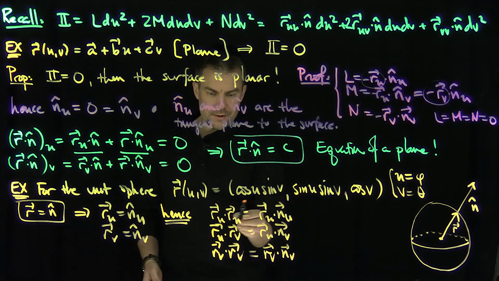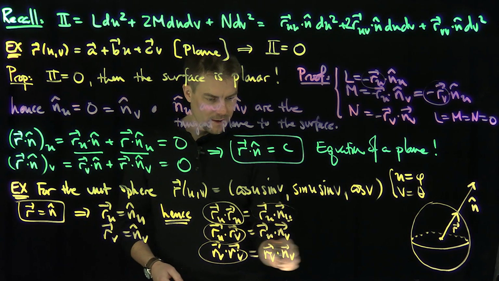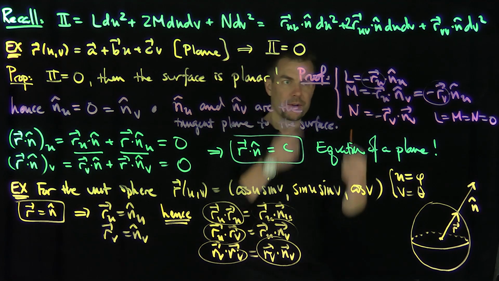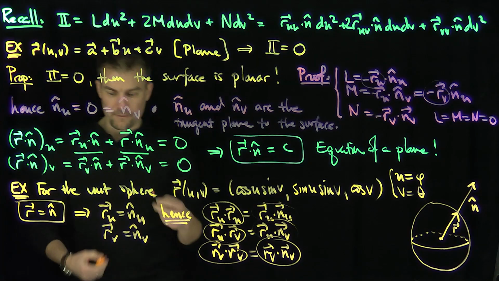Excellent. Of course, these are the components of the first fundamental form, and those are also the components of my second fundamental form. So for the sphere, the first fundamental form is equal to the second fundamental form.